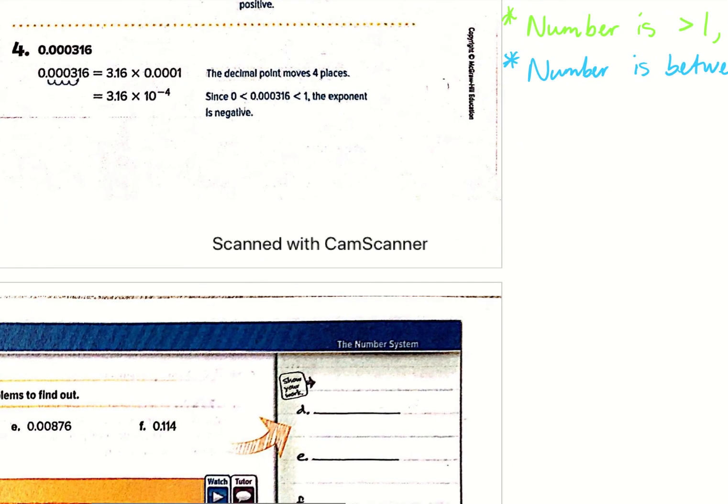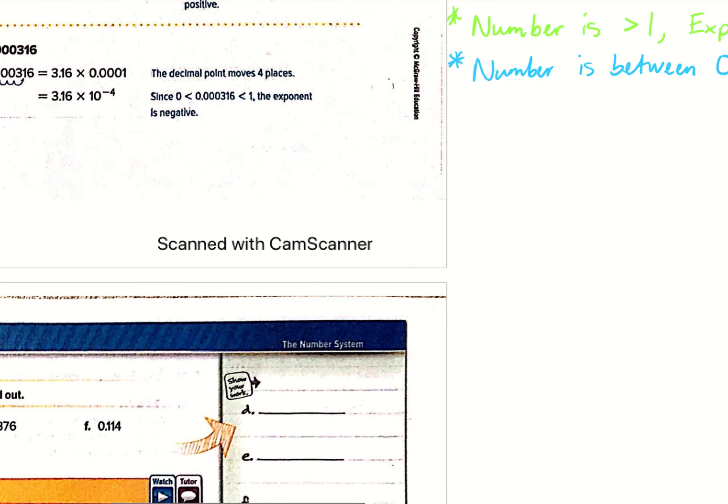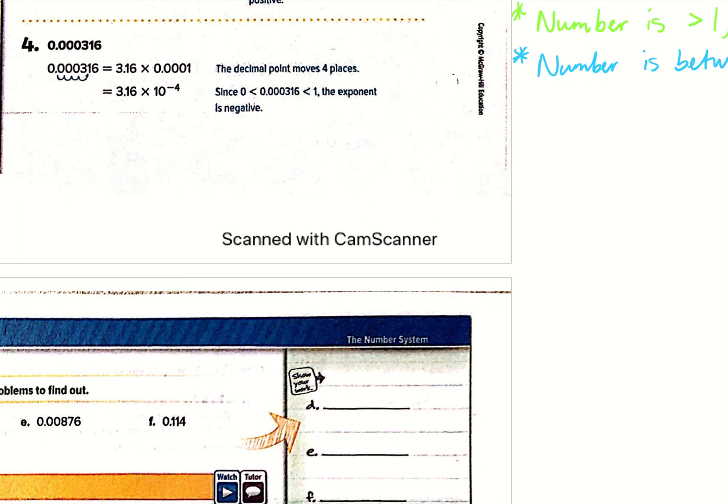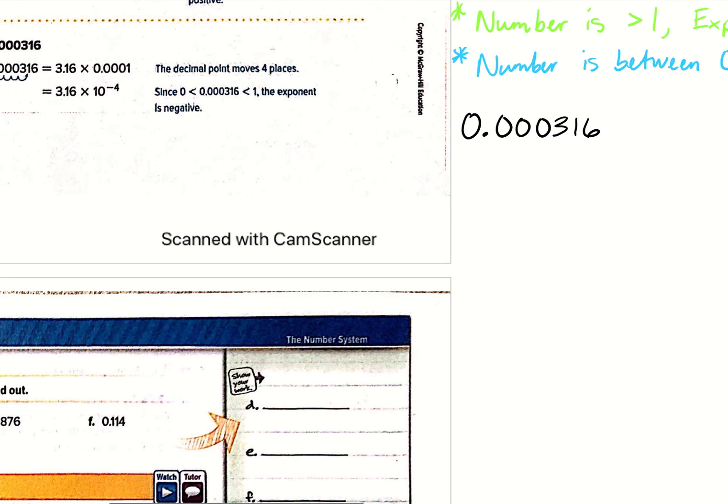example 4, which is the same idea that we were just looking at. So we have the number 0.0000316. Then we're going to look at where we need to move the decimal.